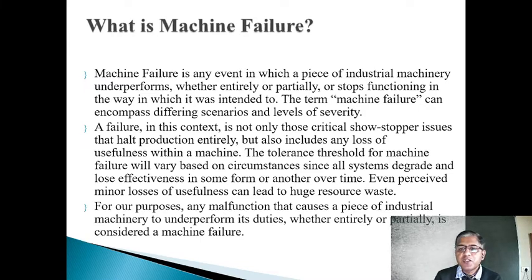The tolerance threshold of machine failure will vary based on the circumstances, since all systems degrade and lose effectiveness in some form or other over time.